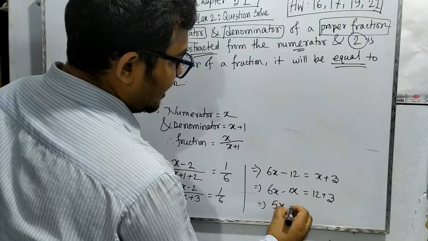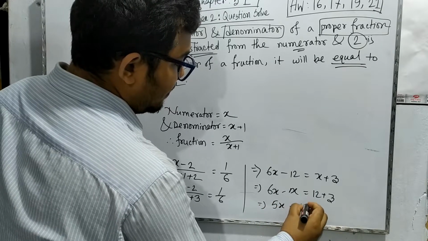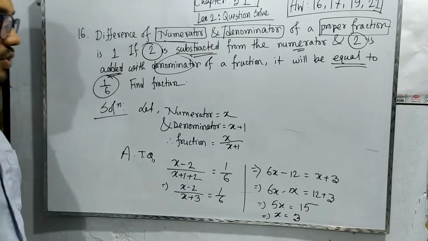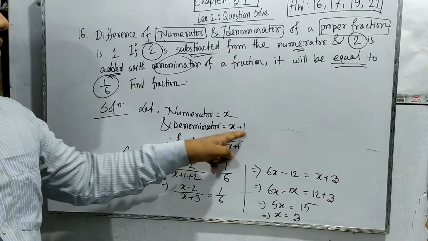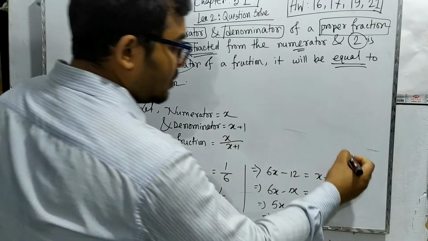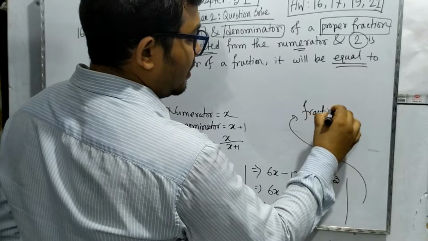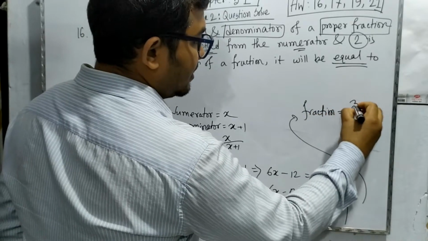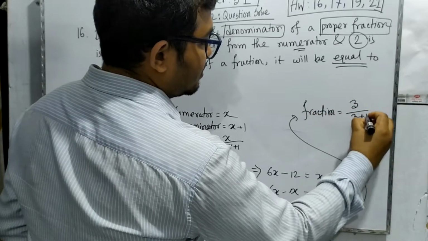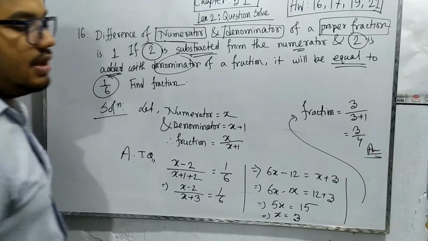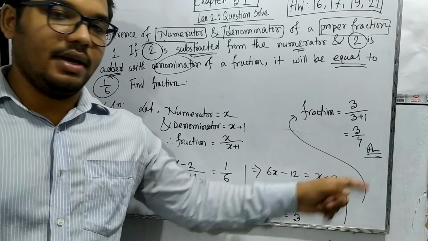So 5x equals 15, or x equals 3. So x equals 3 and x plus 1 will be 4. So our fraction will be 3 by 3 plus 1, that is 3 by 4. This is our required answer.